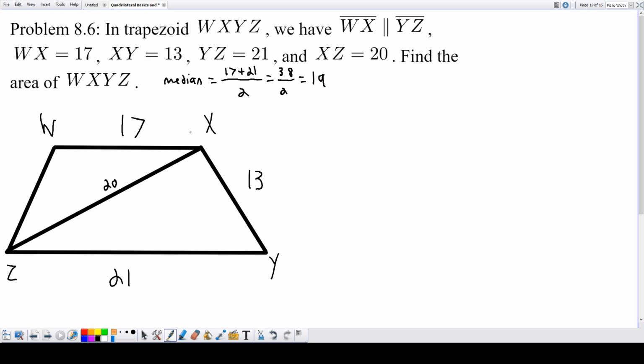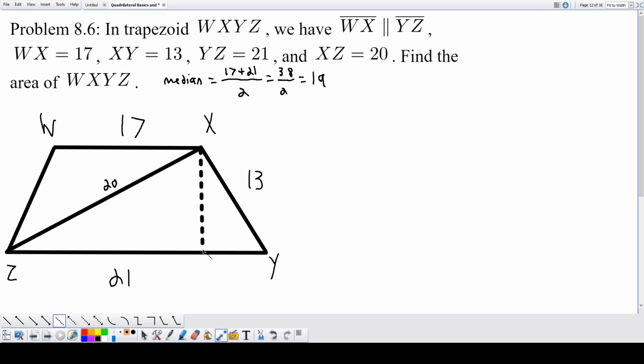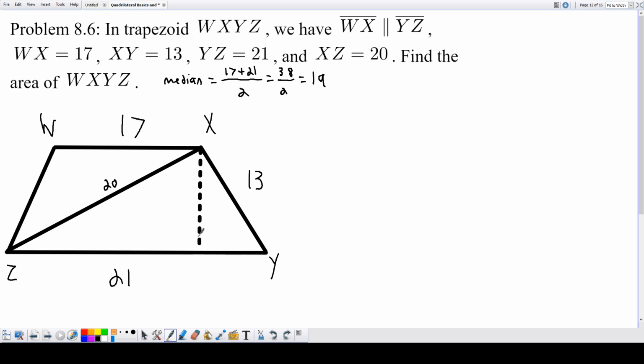So now I just need to find the height. Now, how can I do that? Well, the height, again, is the distance from the top to the bottom of the base, forming a 90-degree angle. I'm going to call this M. Now, we have two right triangles, but we're a little unsure about how to use them because we have MY, but we don't know what the length of that is.